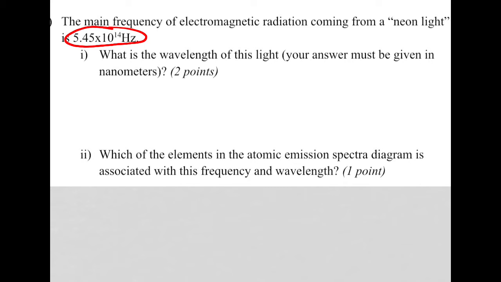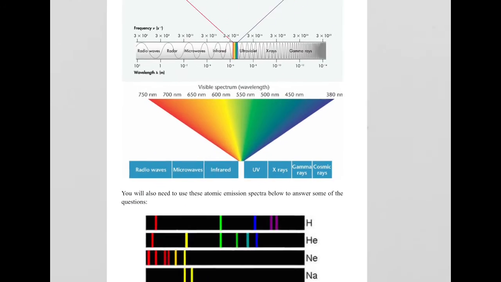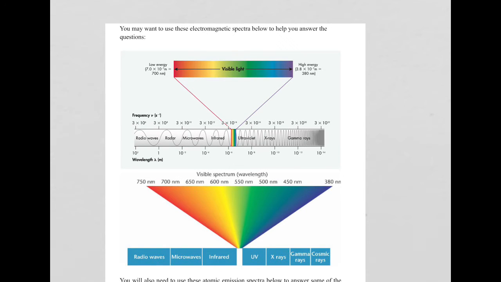So we are given the frequency, which is equal to 5.45 times 10 to the 14th. And maybe you thought, well, I'll just look over here at my electromagnetic spectrum. We're at times 10 to the 14th, so it would be somewhere around here, but the problem is we don't know exactly what the wavelength is.